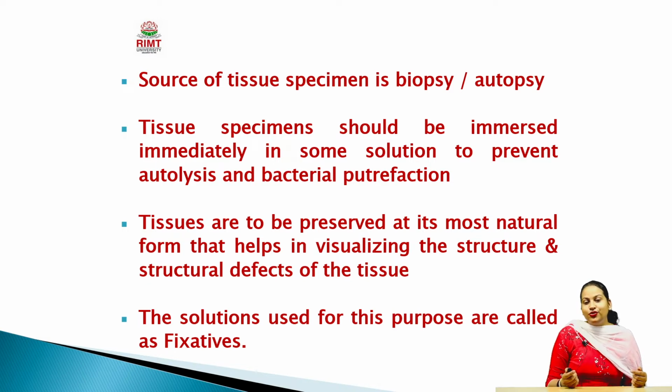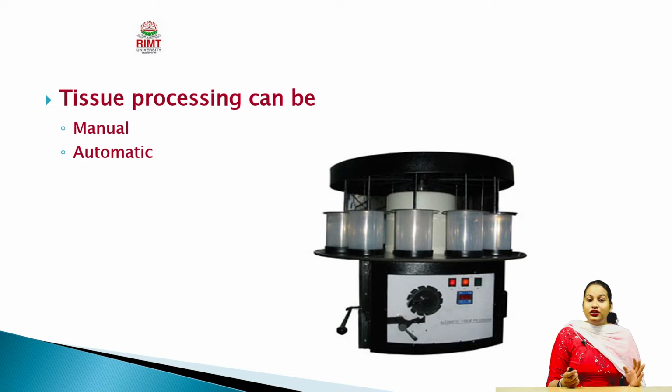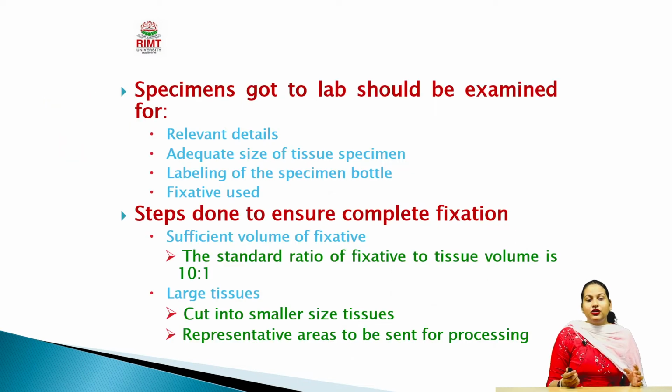So tissues are to be preserved in their most natural form, which helps in visualizing the structures and the structural defects of the tissue. The solutions used for this purpose are called fixatives. Tissue processing can be done by two methods, manual or automatic.